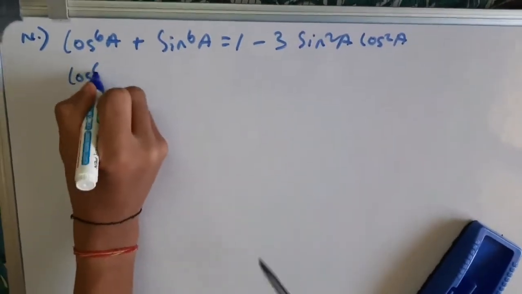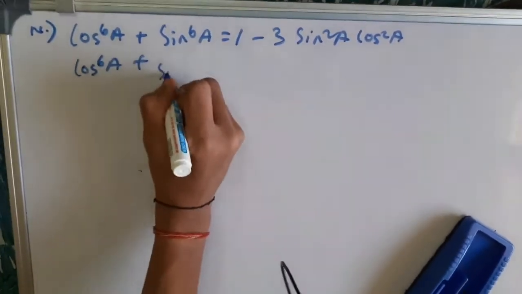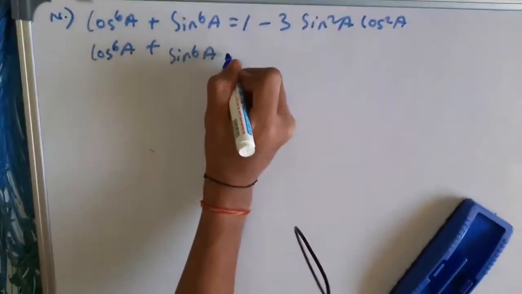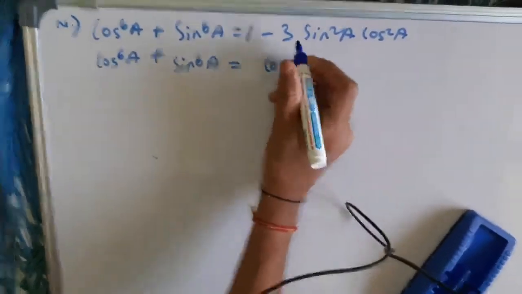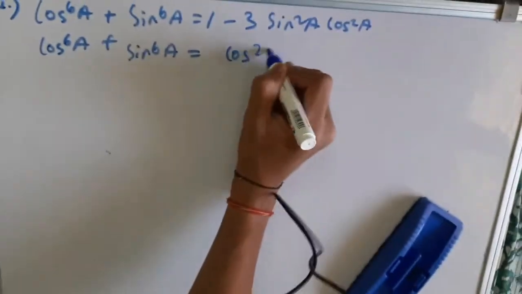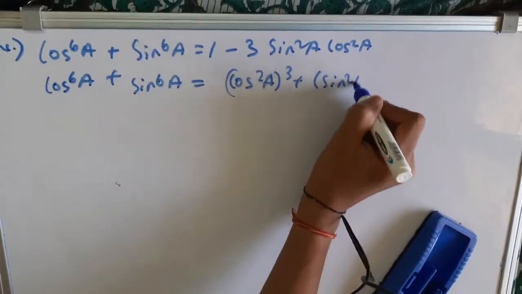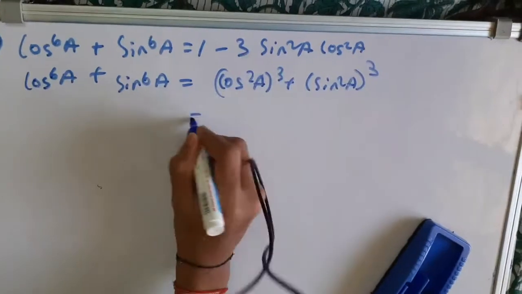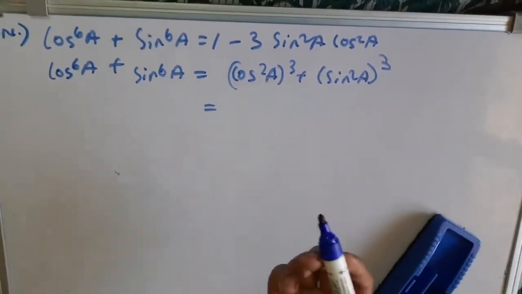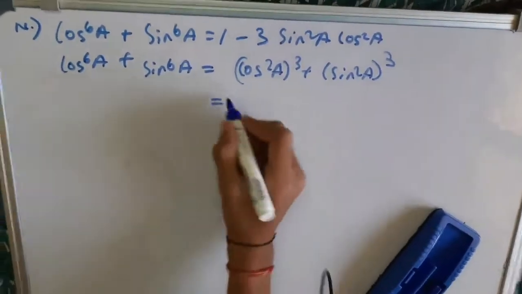So cos to the power 6a plus sin to the power 6a can be written as (cos square a) whole cube plus (sin square a) whole cube. We know that a cube plus b cube is (a plus b)(a square plus b square minus ab). We would apply it here.